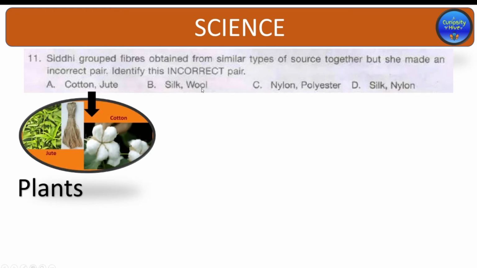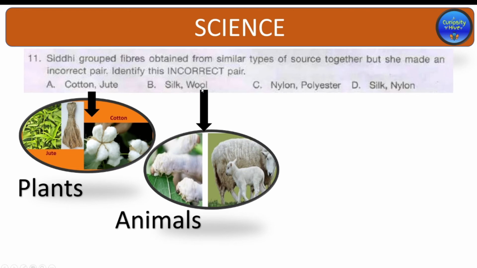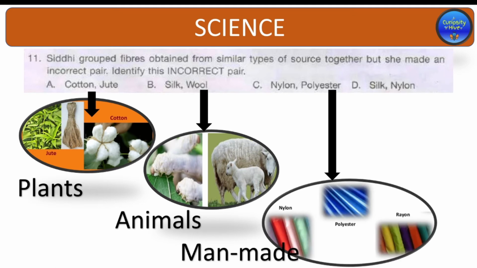Silk and wool, these are obtained from animals like silkworm and sheep. Nylon and polyester, these are synthetically made or man-made. Hence, silk and nylon are the incorrect match because they have different sources of produce. So that's our right answer.